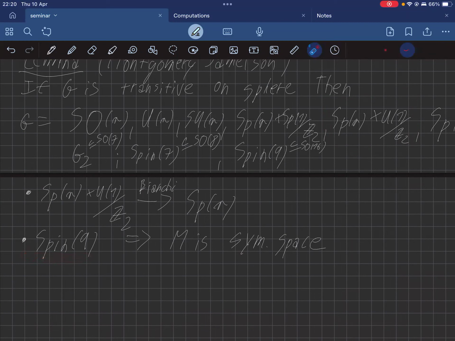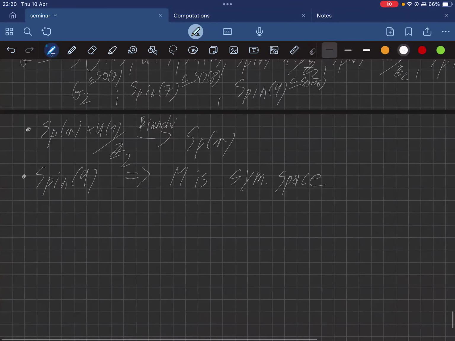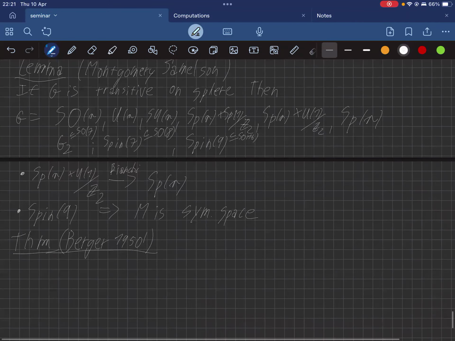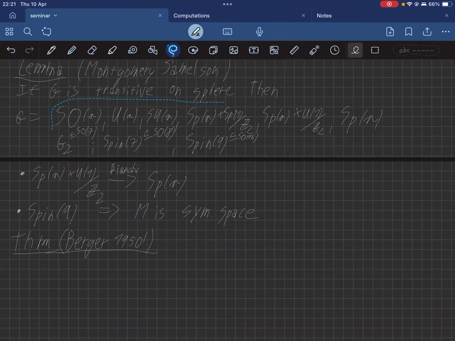Well, essentially, you have so much symmetry of your curvature tensor that it becomes covariantly constant, which means, again, you are on a symmetric space. And this leads to the following classification, and that's a theorem by Berger. This was in 1950s. And I'm just gonna copy the list right here.